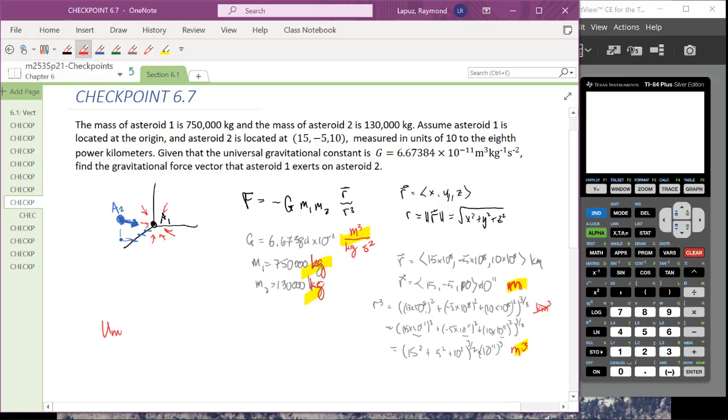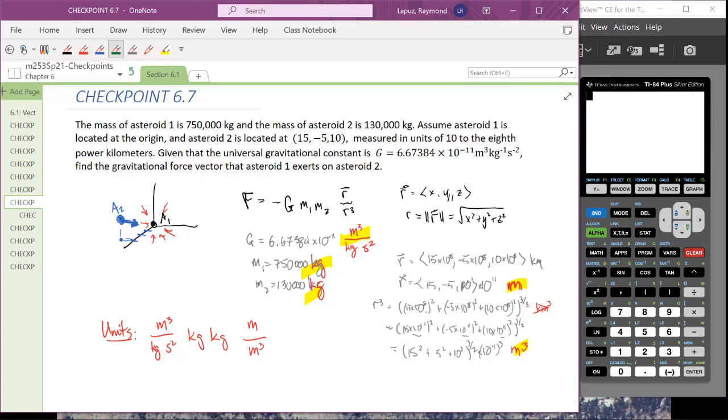So let's take a look at how our units are going to go. We're going to start with G, which is going to be cubic meters per kilogram per second squared. We have a couple of kilograms that we're multiplying, and then we have a meter unit in the numerator and a cubic meter unit in the denominator.